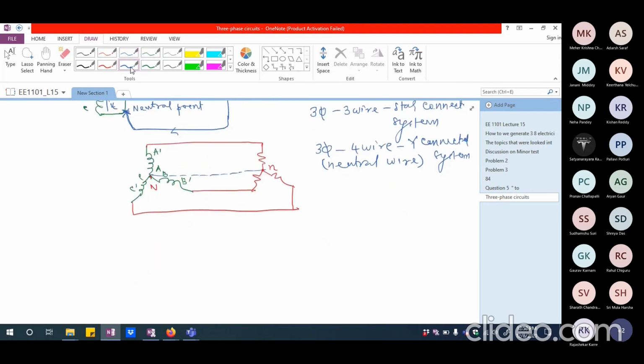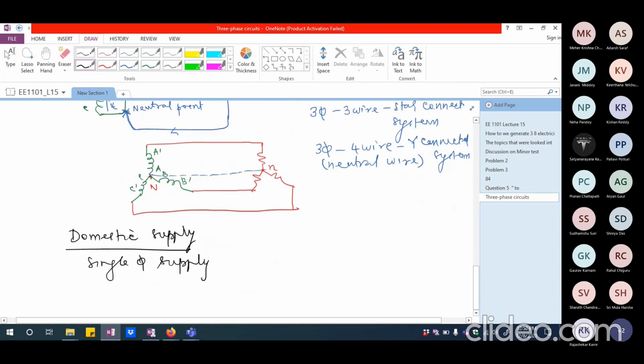Particularly, if we are looking at our domestic supply, most of it is going to be single phase supply. And when we talk about single phase supply, we will generally supply it between the neutral point and one of the phases. So this happens to be a single phase supply.